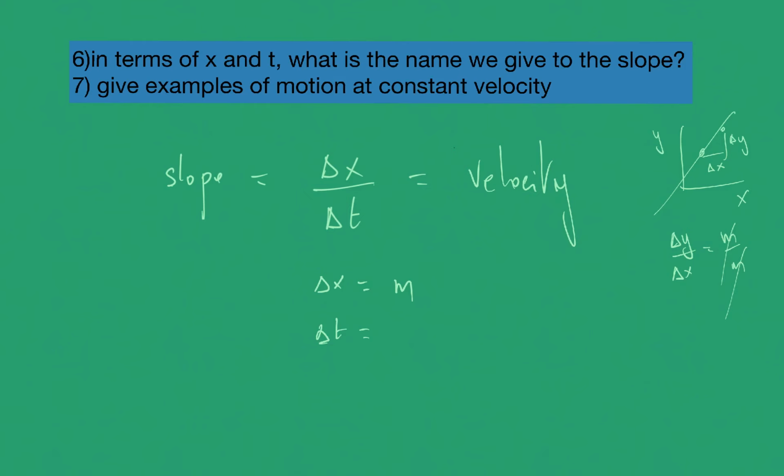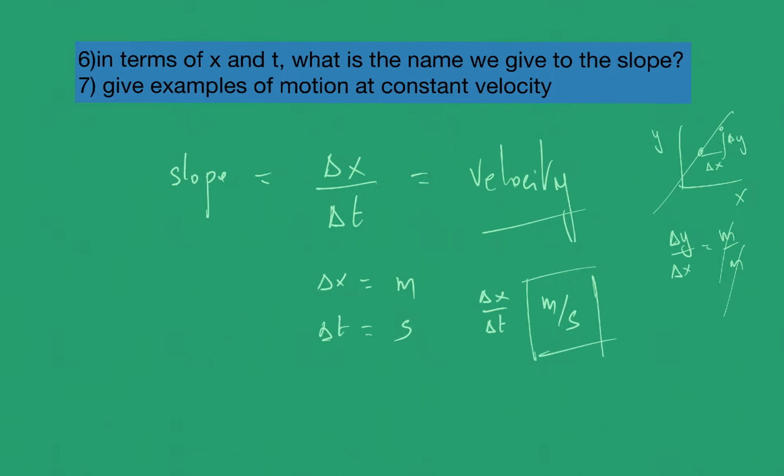So delta t is in seconds. So delta x divided by delta t is in meters per second. The measure of the velocity is meters per second. Perfect. Give examples of motion at constant velocity.